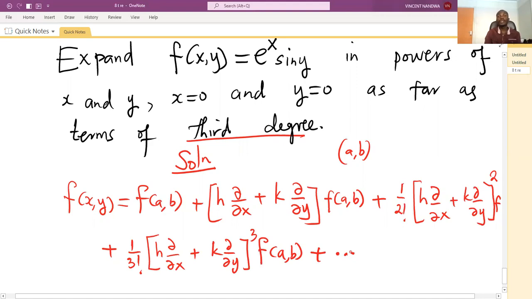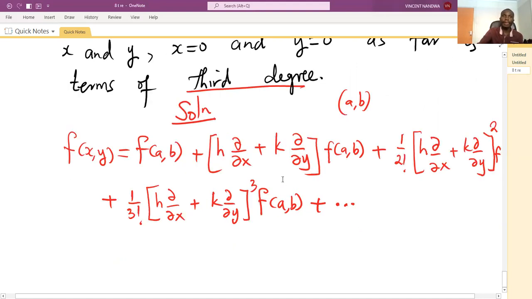Because they want us to go up to third order, we just stop here, but we show that there are other terms after that. So in our case, (a, b) is the point (0, 0).